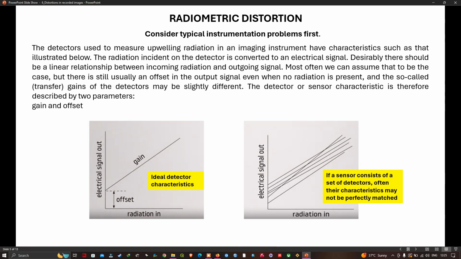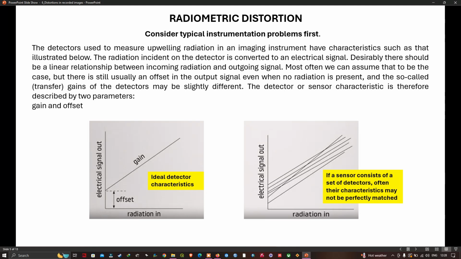Ideally, the curve has to be linear so that the variation of the output signal mirrors that of the input radiation level. There are two important detector properties described in this graph. The first is the slope, which is referred to as the gain of the detector. A higher gain detector will generate a larger electrical signal for a given input level of radiation.